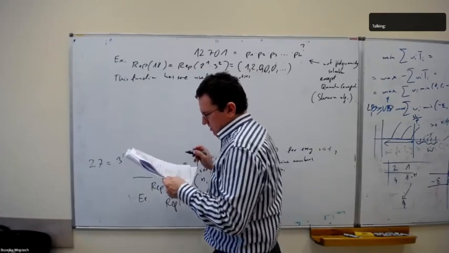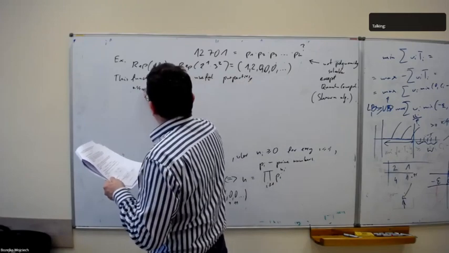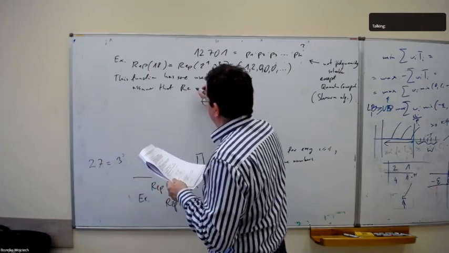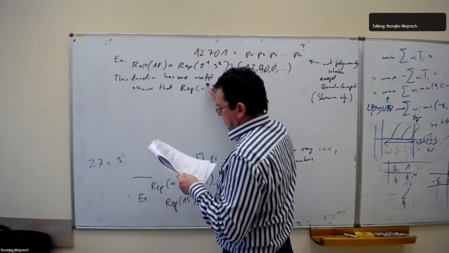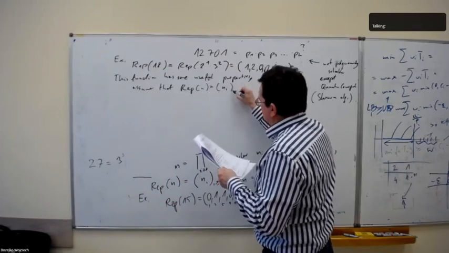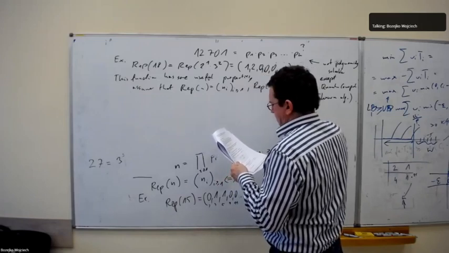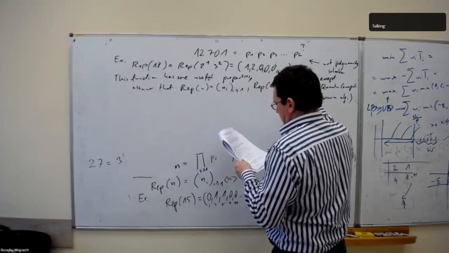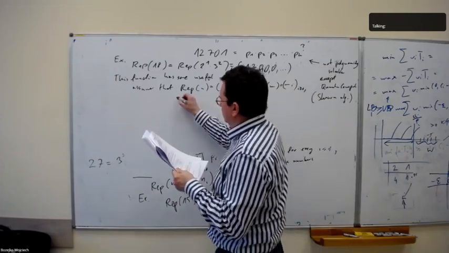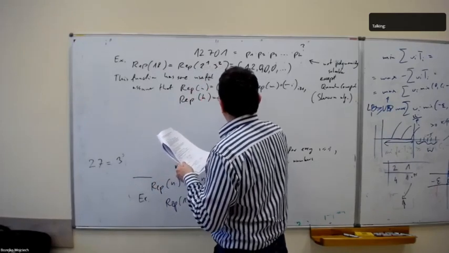So let us assume that we have two numbers, n and m, and the representation of n, let it be a sequence of ni, and the representation of m, let it be mi, for m1, m2, and so on. And also let us take the representation of k. This will be k1, k2, and so on.